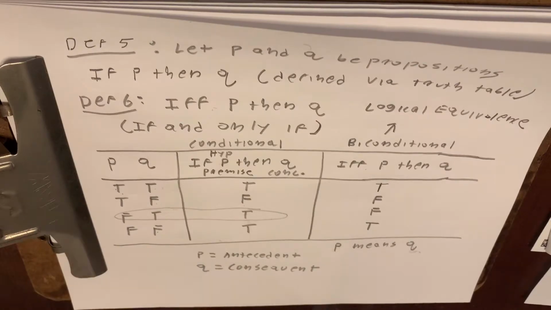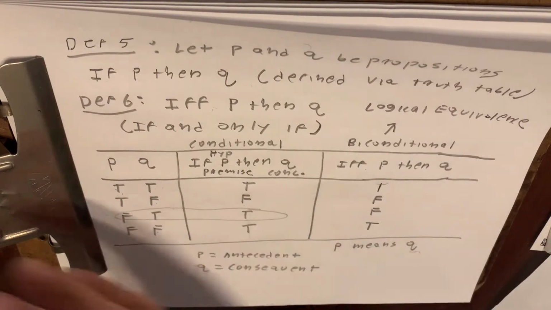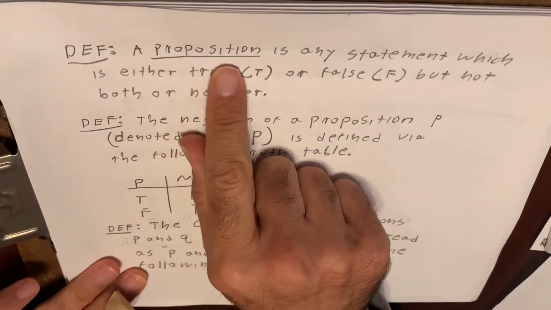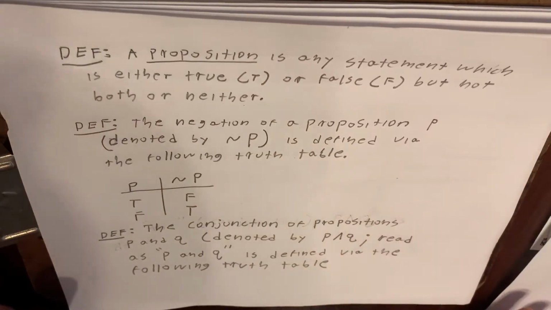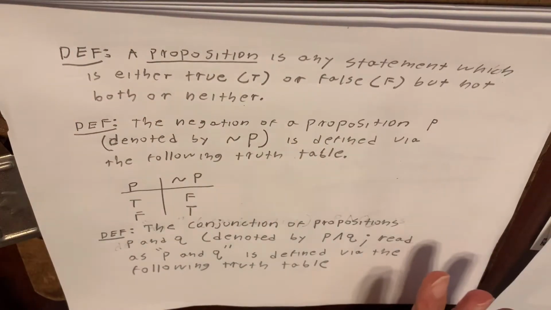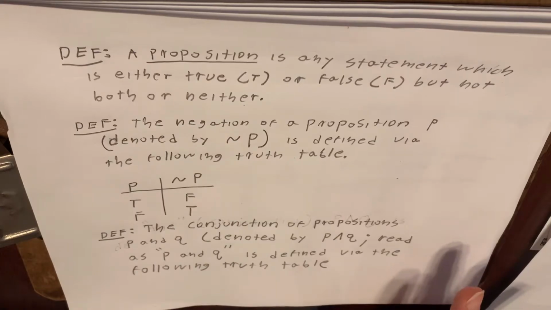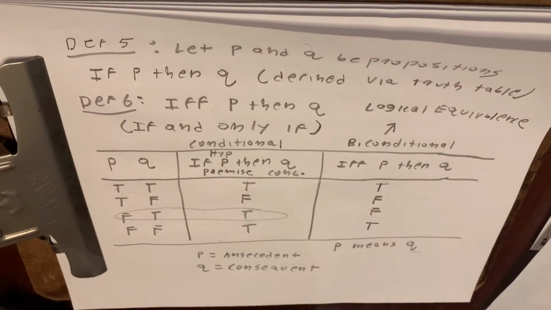So let me summarize what we did before I close this video. First thing we did was we defined a proposition as any statement which is either true or false, but not both or neither.